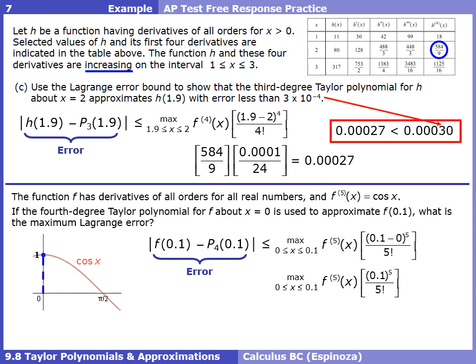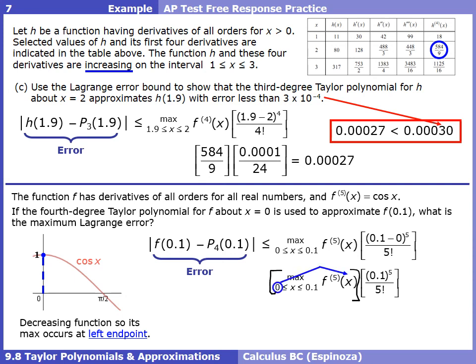And since our graph is decreasing and we want to find the maximum of our fifth derivative from 0 to 0.1, that happens at the left endpoint, which would be 0. So this is kind of reverse from the first example I did. We had an increasing function in the first example, so that maximum happened at, of course, the right endpoint. The maximum of our fifth derivative right here occurs at the left endpoint, which is 0.